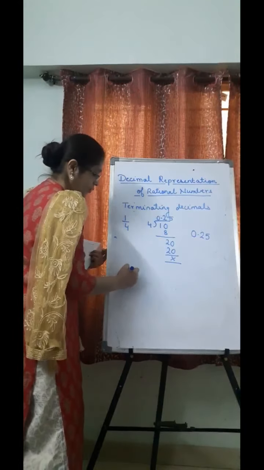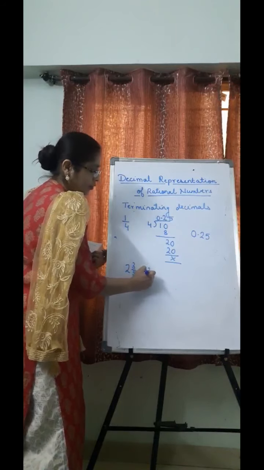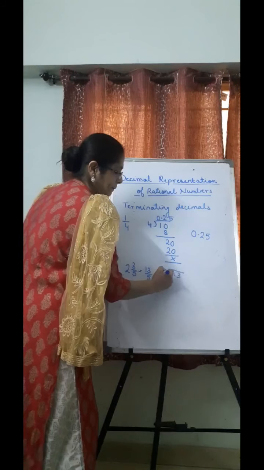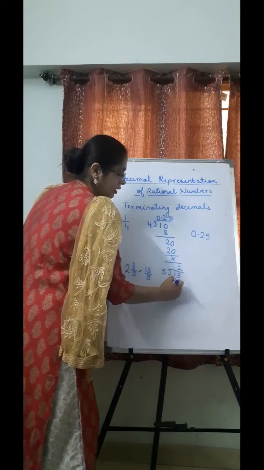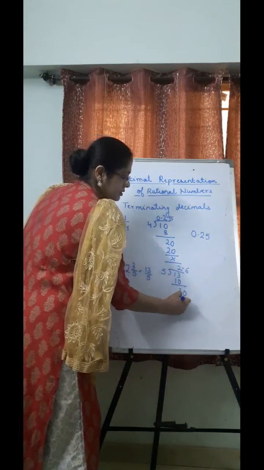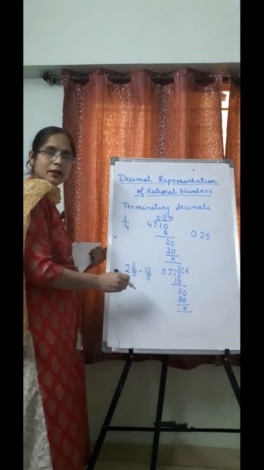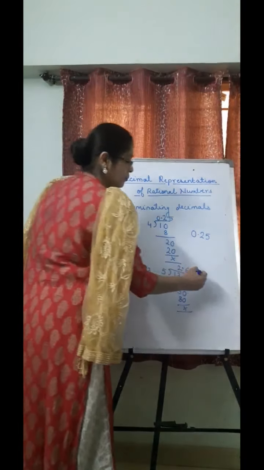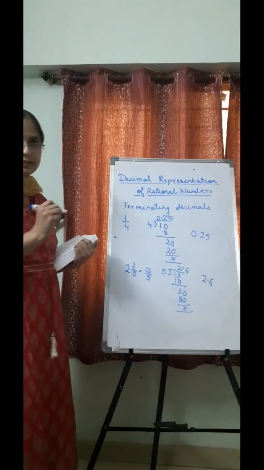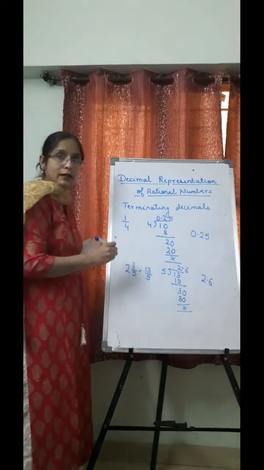Let us take one more example. 2 and 3 upon 5, which is equal to 13 upon 5. 5 twos are 10, 3, 0, 0.6, 30. See, we got the remainder 0. This is 2.6. This is a terminating decimal. Now, what do we know from this?